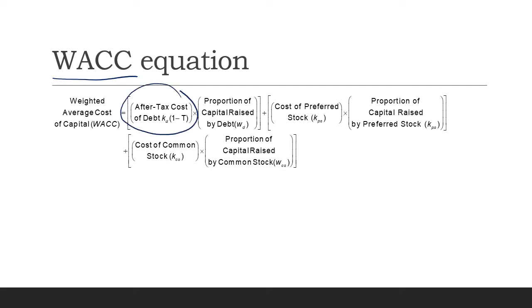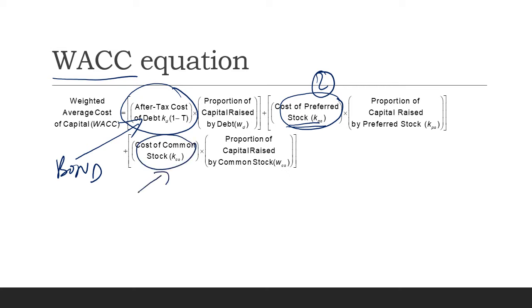Debt here is a bond. If there's a preferred stock, the cost of preferred stock is another one, number 2. Then the cost of common stock, I mean ordinary stock, number 3. So 1, 2, 3.